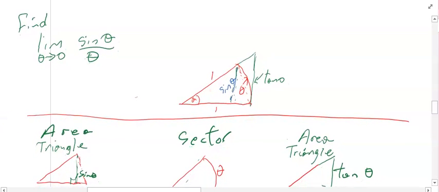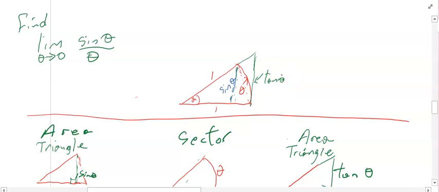Now we can use the squeeze theorem in a situation like the limit as theta approaches 0 of sine of theta over theta. In this case, we set up our triangle in our first quadrant. Notice in our first quadrant we have 3 significant lengths here: sine theta, theta, and tan theta.